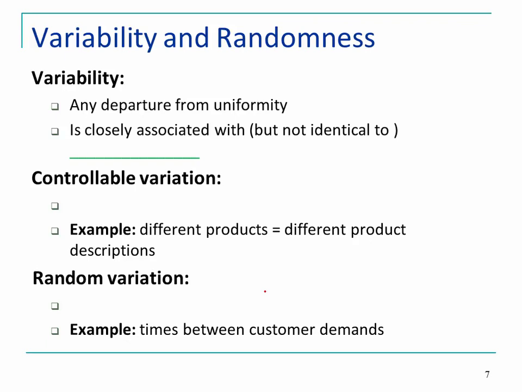So we're going to start by defining what variability is, and it basically is any departure from uniformity. Okay, so most of the time when we think about analyzing something, we look at the average, and that's the only thing that we use to make a forecast. Let's say everybody is getting a 3.5 GPA at Texas State University, so most likely that's the GPA that I'm going to have at the end of my master's degree.